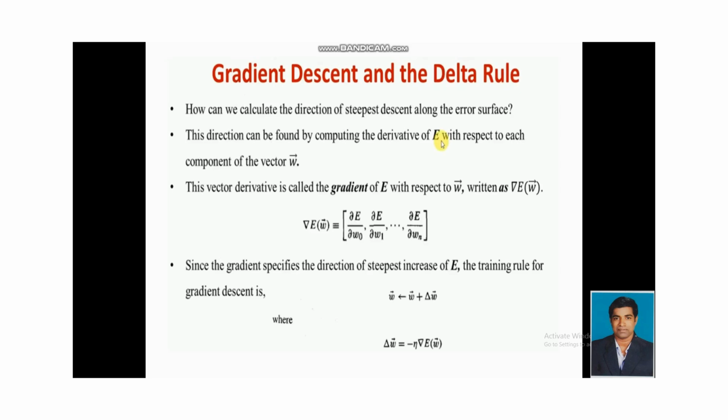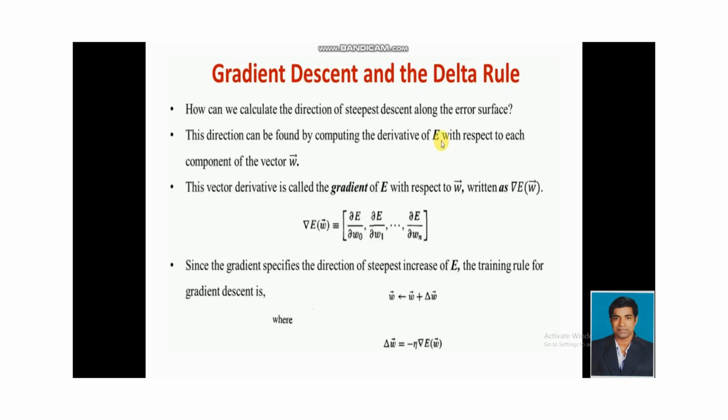This vector derivative is also called the gradient of E with respect to the weight vector, written as gradient of E of w. The gradient of E of w is nothing but the partial derivatives of E with respect to w0, w1, up to wn.